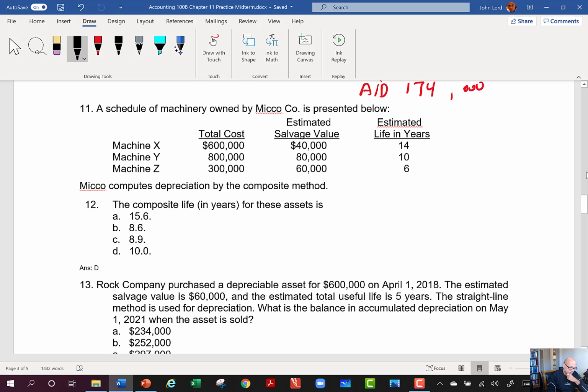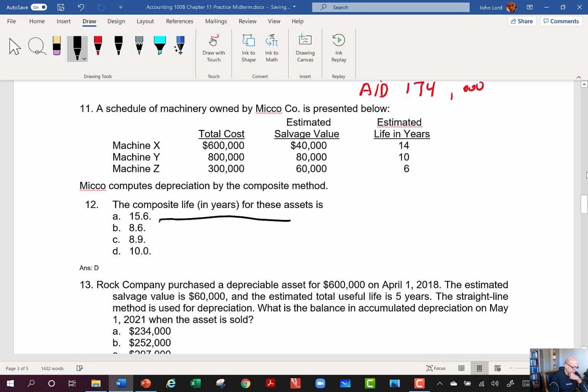Again, I might give you one question about composite or group depreciation. The only difference between composite and group is that group are similar assets, composite are dissimilar assets. They give us some information, and then they want to know what the composite life is.